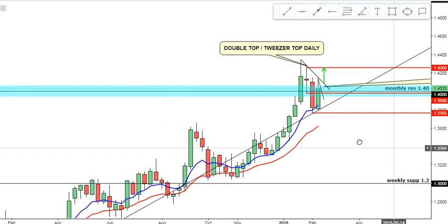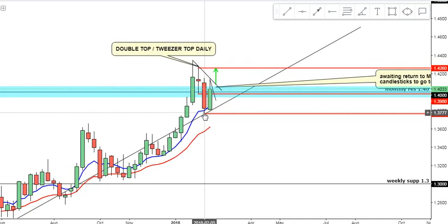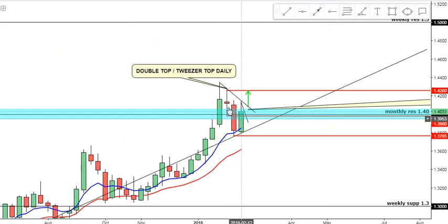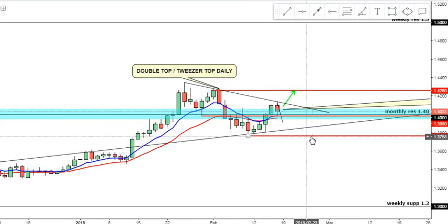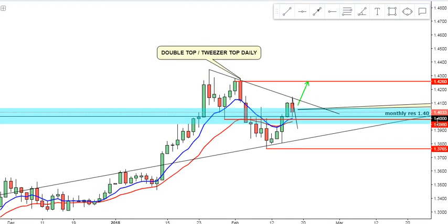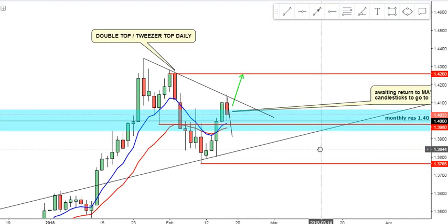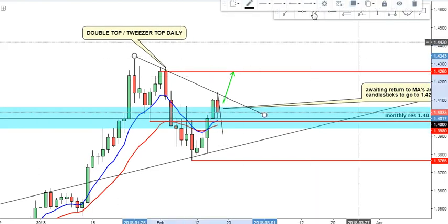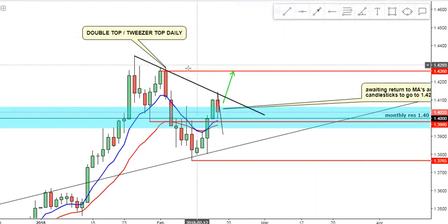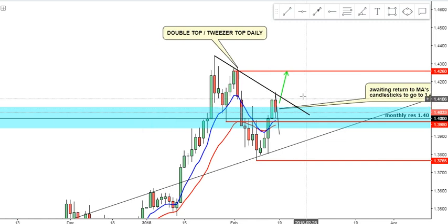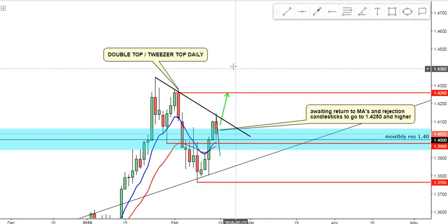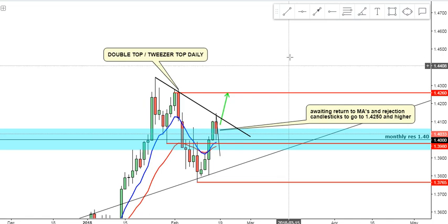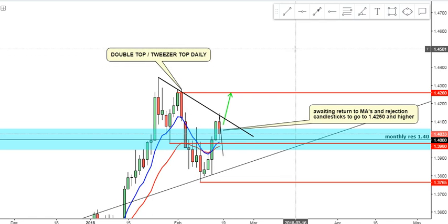So back to the weekly, it tested this 8 EMA. Now we're waiting for this price action. We go back to the daily, go down. We're waiting for the price action to break this thick counter trend line before potentially making new higher highs to 1.45.